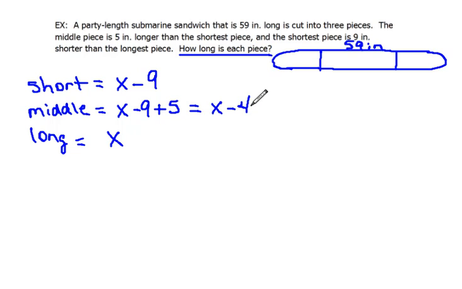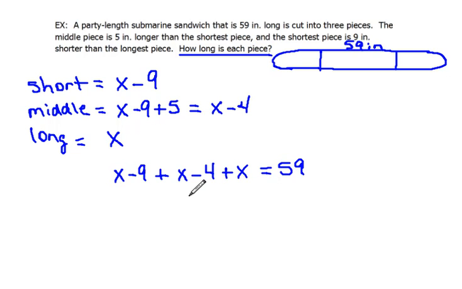Now we're ready to start writing our equation. If the total length of the sandwich is 59 inches, then the short side plus the middle piece plus the longest piece would have to equal 59 inches. Now we can go about solving our equation.